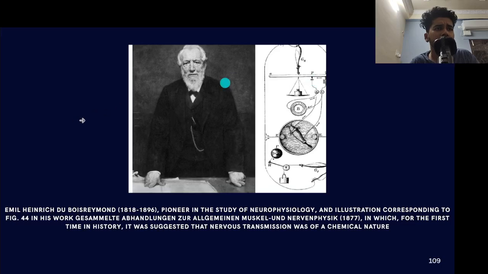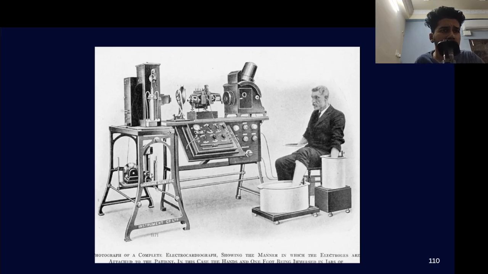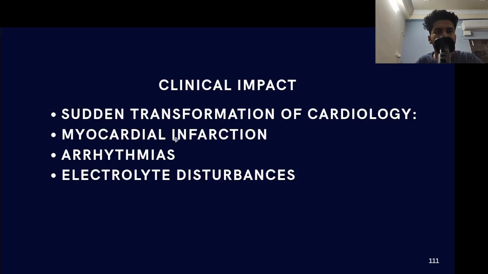So this is our guy, and this is an illustration which demonstrates that there is nervous transmission of a chemical nature. And this is one of the first ECG machines in history. The clinical impact was a sudden transformation of cardiology. We could look at things like myocardial infarction, arrhythmias, and electrolyte disturbances.